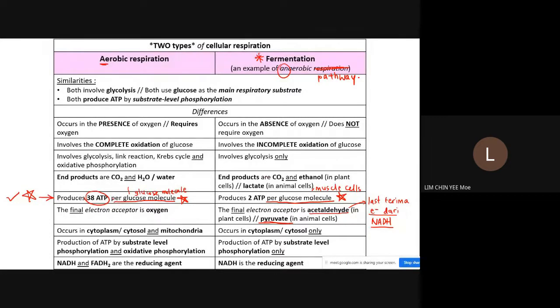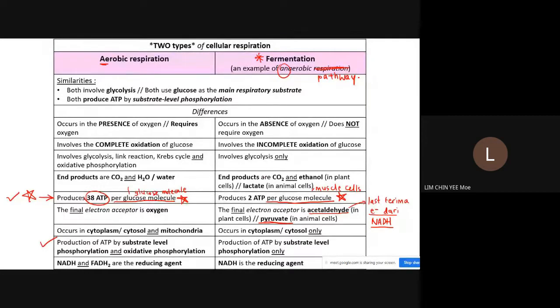Right, what else? What else is related to ATP production over here? What other point about ATP besides number? Production of ATP, Miss. Very good. That's it.